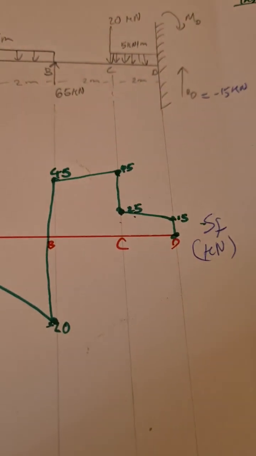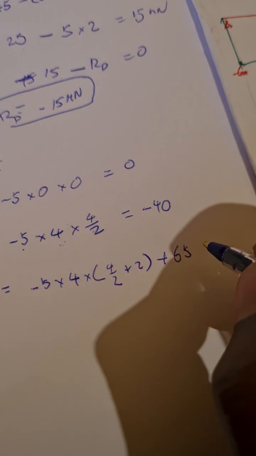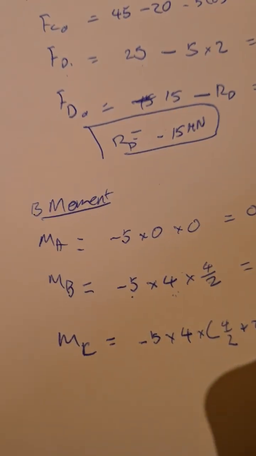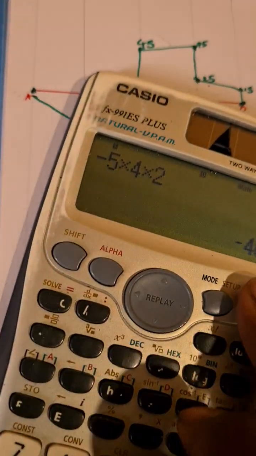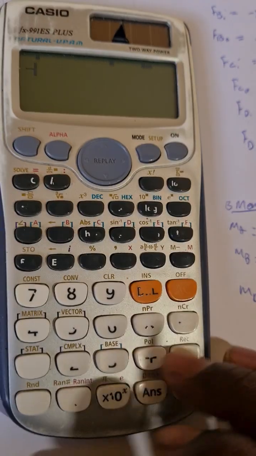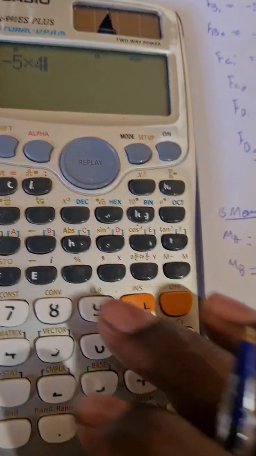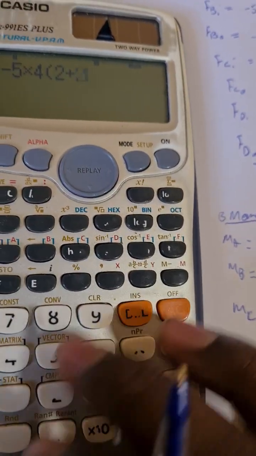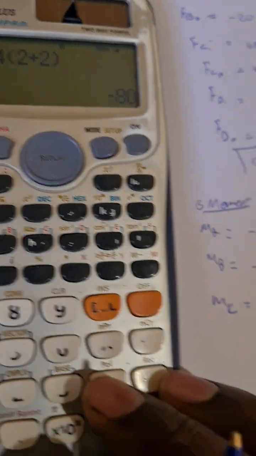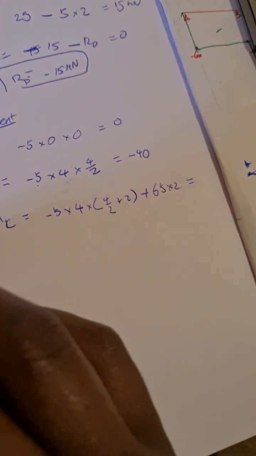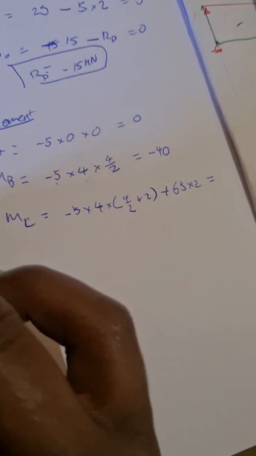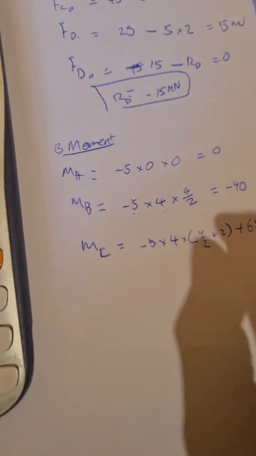And then we have another force plus 65 times 2, then the answer. So it's gonna be minus 5 times 4 into 2 plus 2, plus 65 times 2, which is 50.